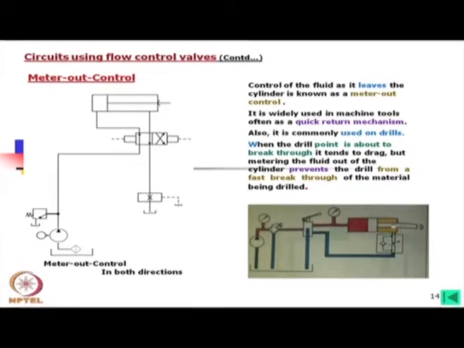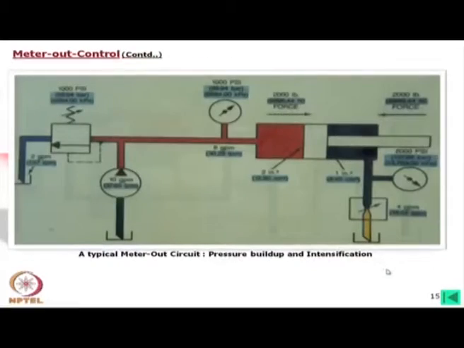You can see there is a pressure on this side, and a low pressure on this side, because of this flow the pressure will still be generated. If we do not use this one, no pressure will be there, but if we use this flow control valve, there will be pressure as well as the motion will also be controlled.